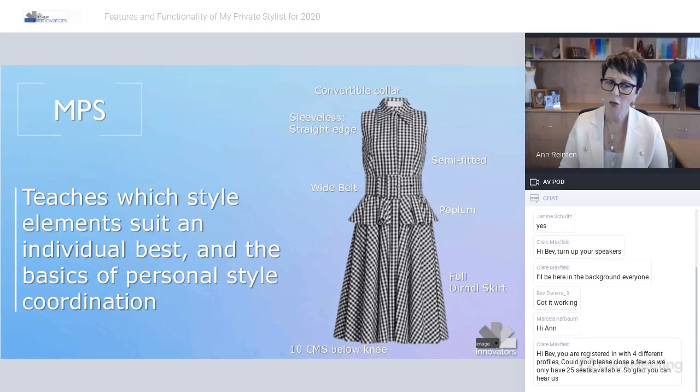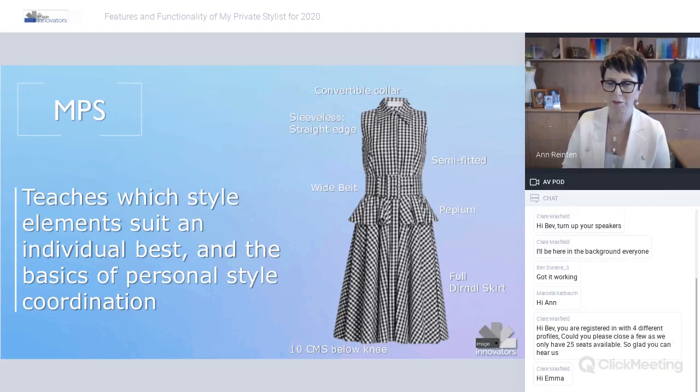Okay, so also it teaches which style elements suit an individual best and the basics of personal style coordination. And so you can see here with this image, you have all the names of the things, all the elements of this garment. What the program is not, is it is not a fashion program.